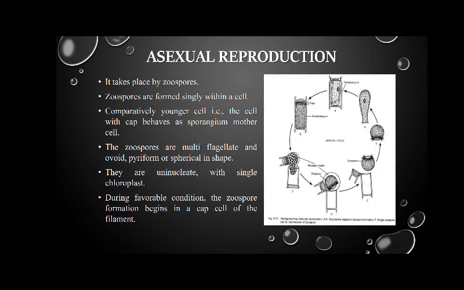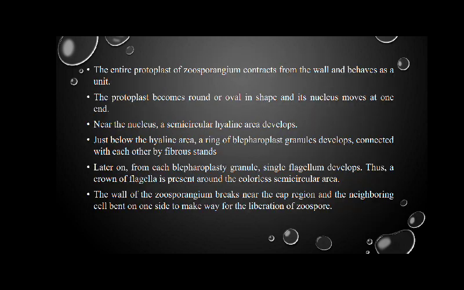Then coming to asexual reproduction, it is also peculiar by the formation of a single large multiflagellate ovoid spherical zoospore from a single zoosporangium. And during favorable condition, this zoospore formation begins in the cap cells and the entire protoplasm of the zoosporangium rounded off. The protoplast becomes entirely rounded and its nucleus moves to one end.